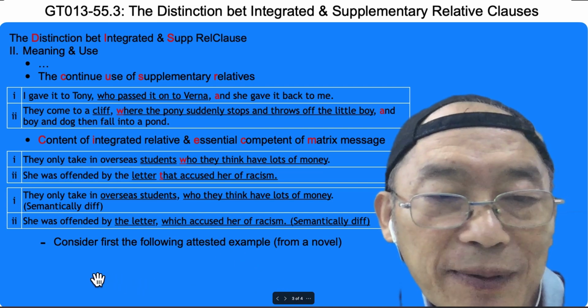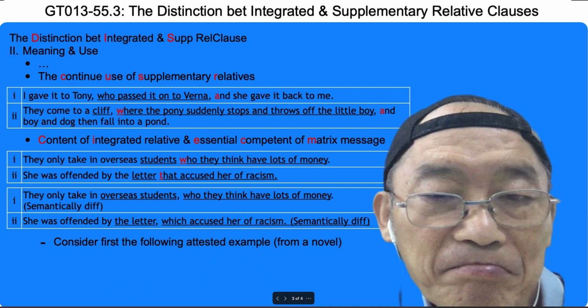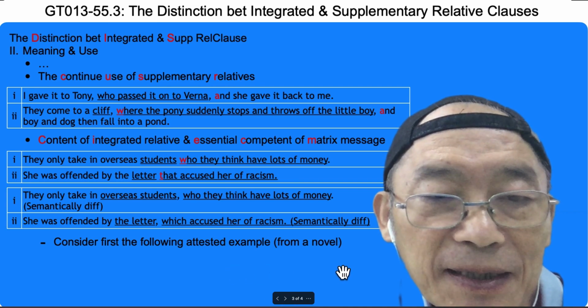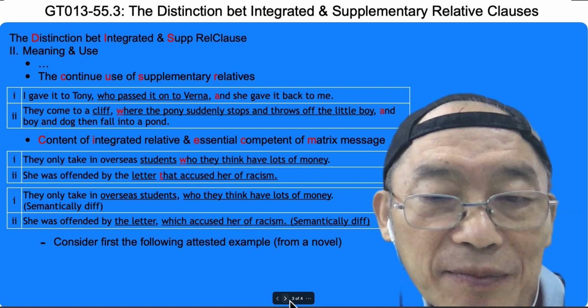And then next page. From a novel, an excerpt.